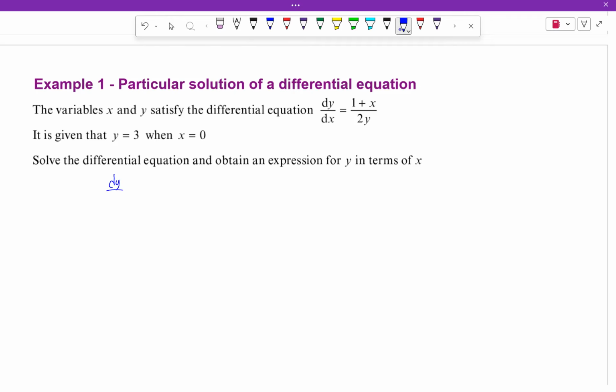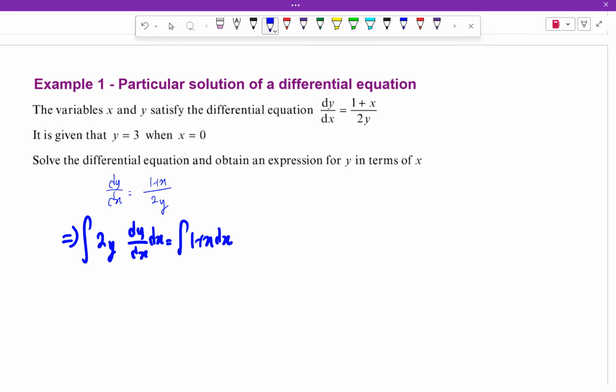So we've got dy over dx equals to 1 plus x over 2y. As we mentioned, our aim is to move the y to the left. So that means it will result into 2y dy over dx equals to 1 plus x. And we have to do integral of dx.